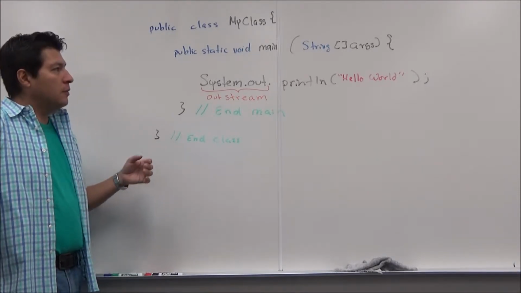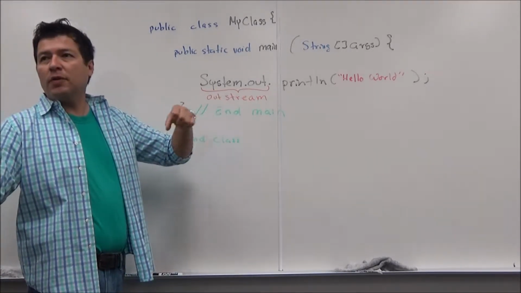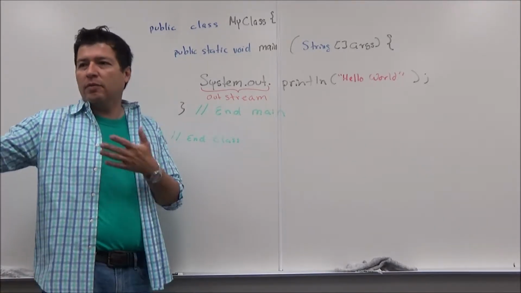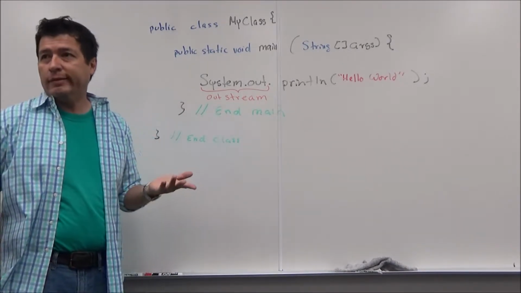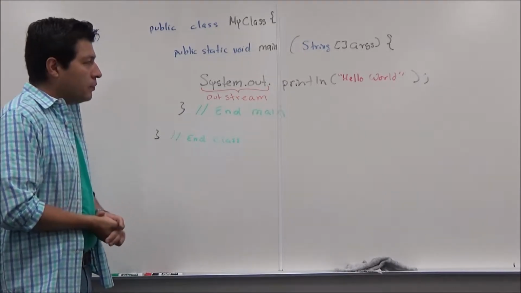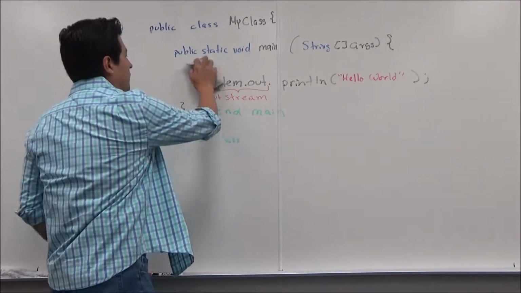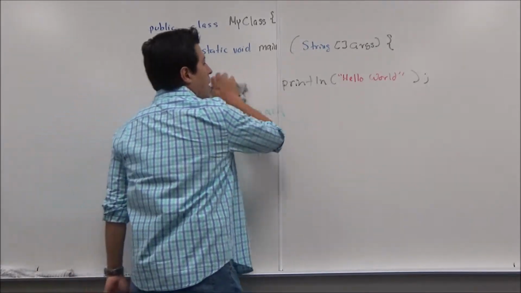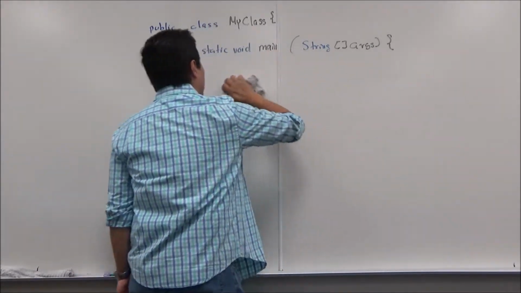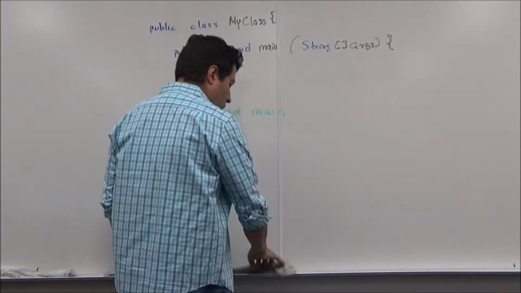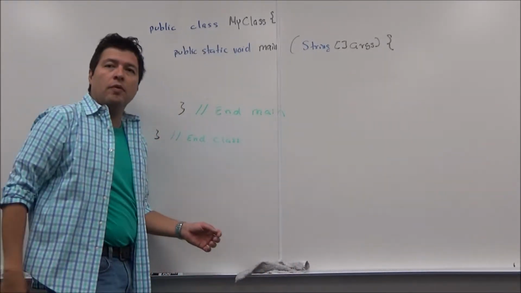When you're sending stuff out to the monitor, it just sends it out and the computer forgets about it. It's done, sent to the monitor, who cares? So, let me erase this for a second, and you can open your Eclipse or NetBeans, whatever you want to use.